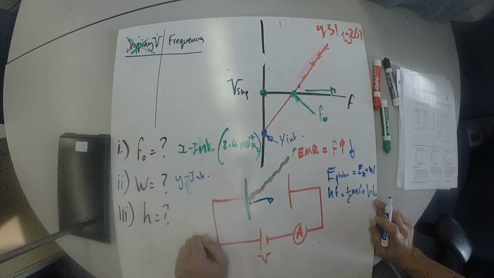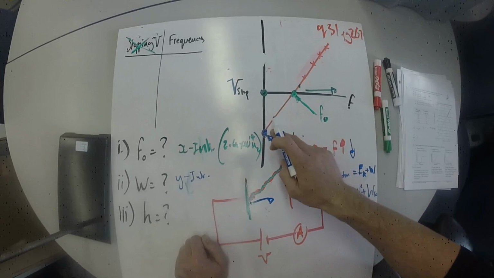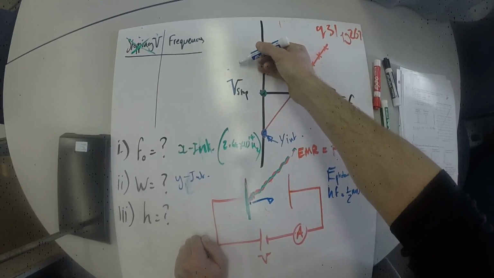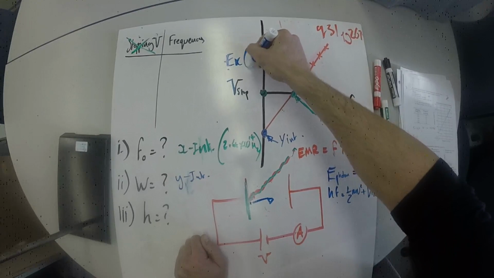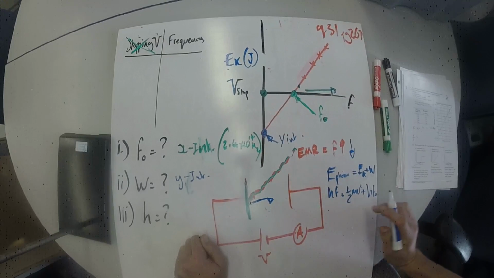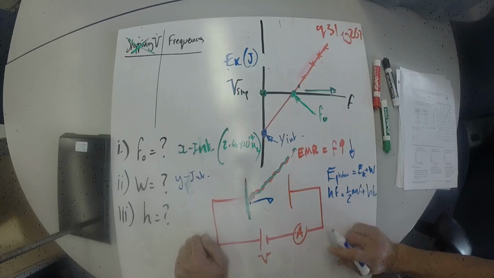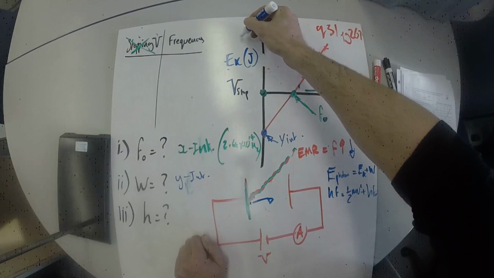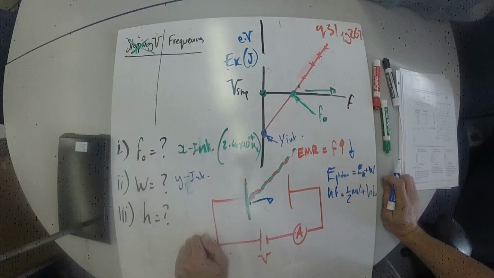It's hf0. And if we're dealing with energies, it needs to be in EK, which would be in joules, or, what's the other type of energy we know? Well, the units that we use for energy are either joules or electron volts.